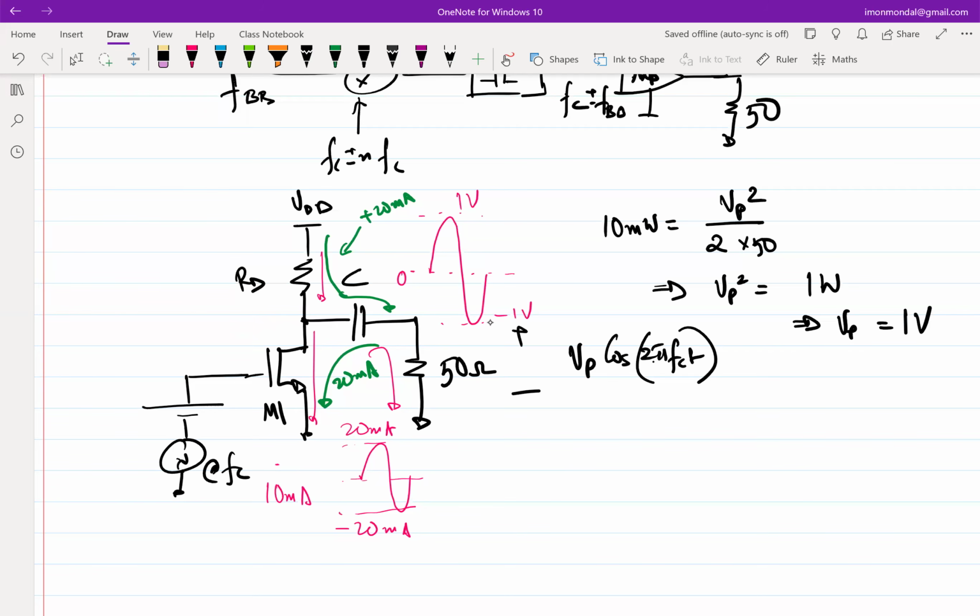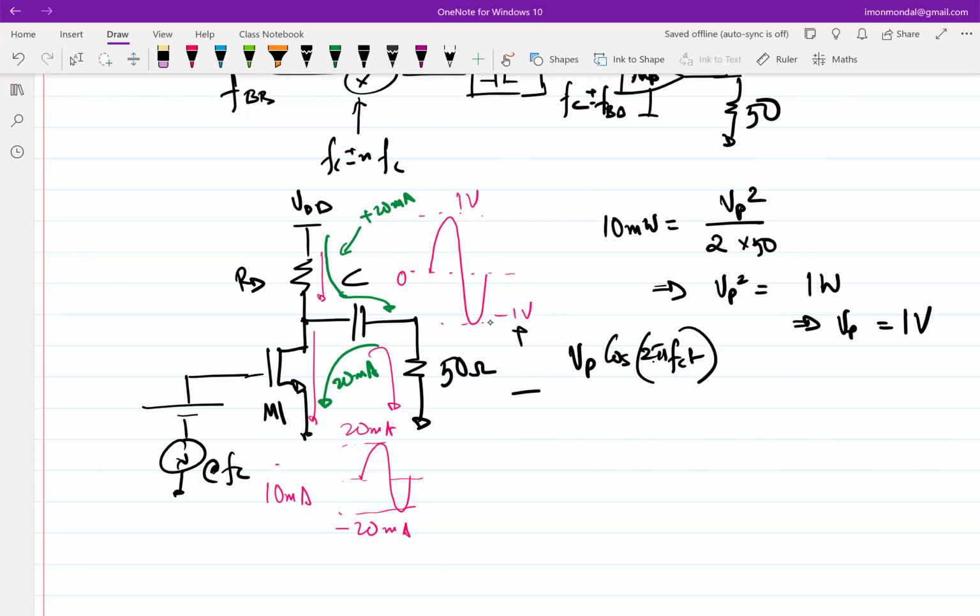Is that possible? No, right? So what is the minimum current that is required for the transistor so that 20 milliamp flows into 50 ohm? It has to be 20 milliamp, because the transistor can at max go to cutoff, that is 0. So you need at least 20 milliamps always flowing into the transistor, at least in this common source amplifier configuration. So we'll stop here.